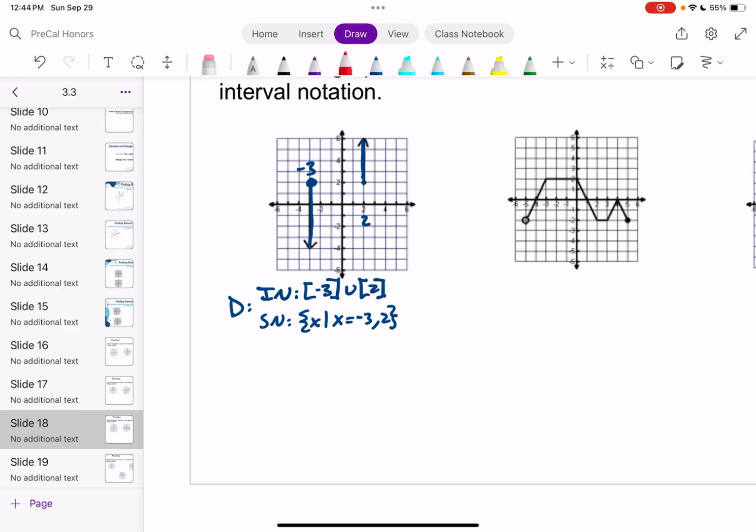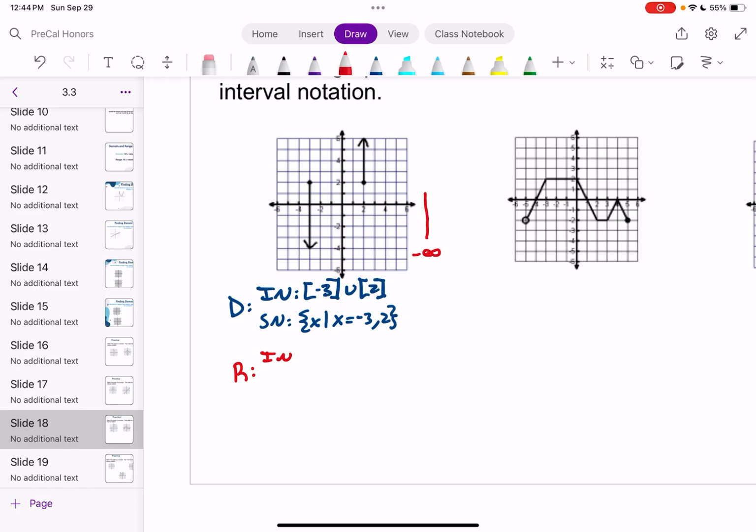In the case for range, interval notation, we are taking a look at our y values. Keep in mind, it is going from -infinity.